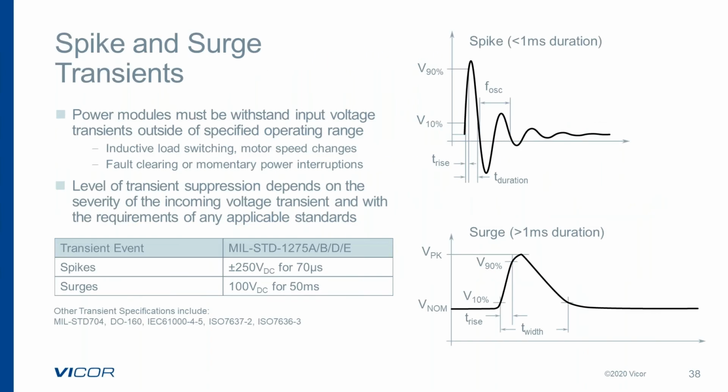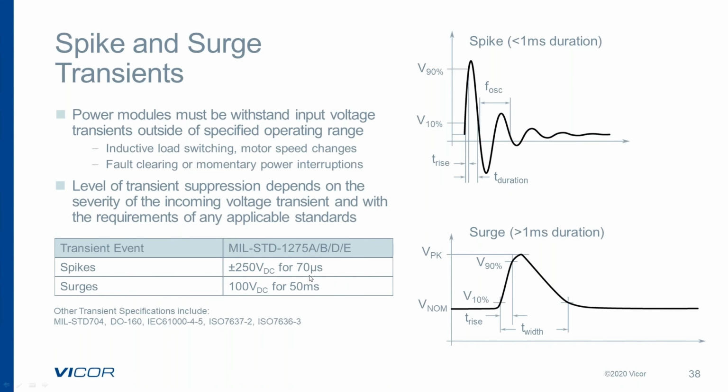Transients and spikes and surges. Many of the systems have to meet transient and spike conditions. And the transients, the spikes and surges are treated differently. Spikes are typically shorter in duration and higher in voltage. So if we look at this particular specification, MIL-STD-1275, this is typically designed for a 28 volt DC line.